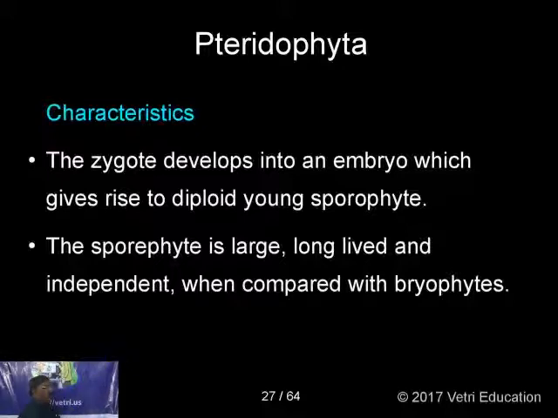The sporophyte is large, long-lived and independent when compared to bryophytes. Whereas in bryophytes the sporophyte is a parasite, or sometimes it is attached to the gametophyte only, here they are independent. The gametophyte and sporophyte are independent in pteridophytes.